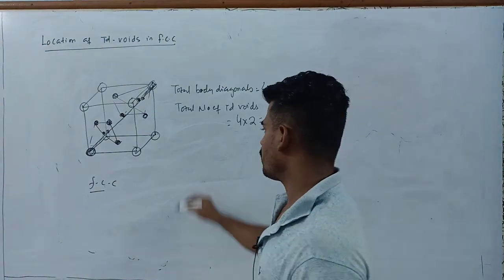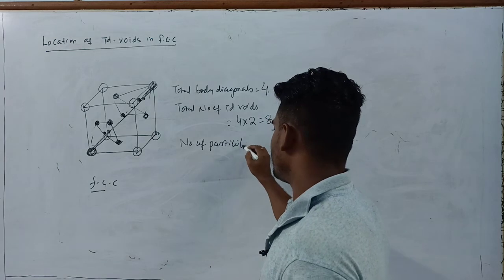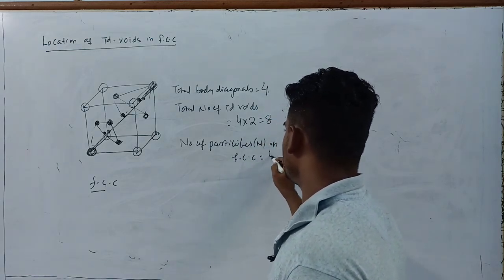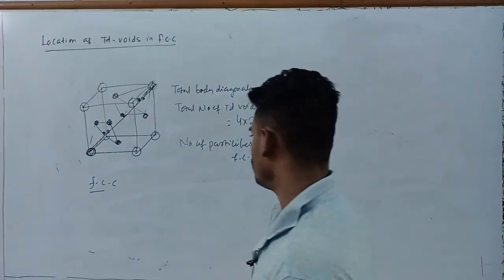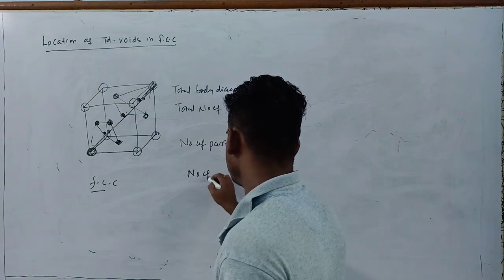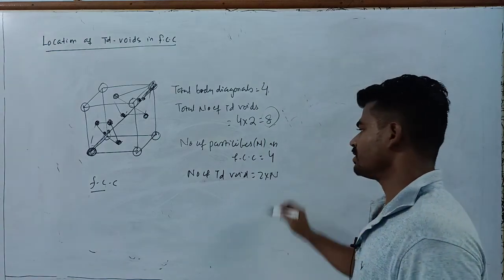And you know the number of particles n in FCC is equal to 4. So number of tetrahedral voids is 2 into 4, that is 8. So number of tetrahedral voids is equal to 2 into number of particles, 2n.